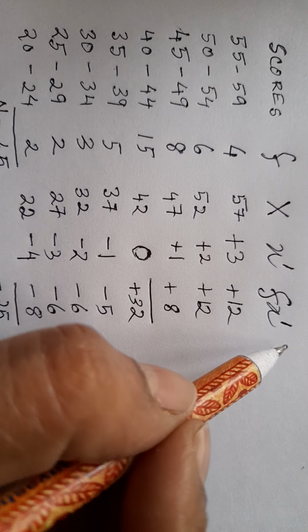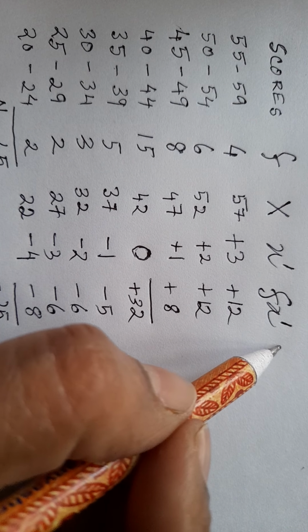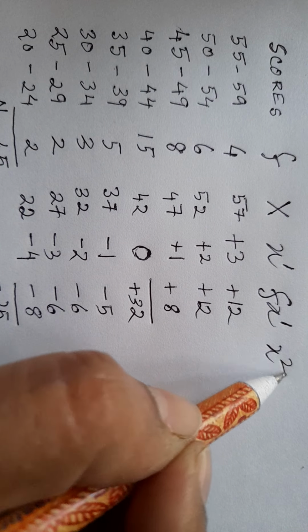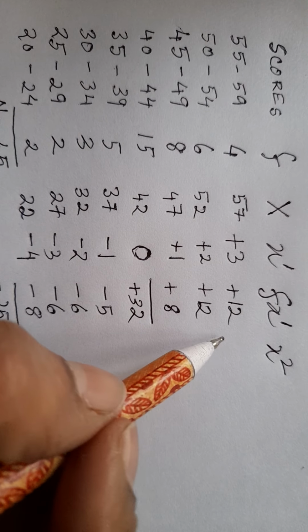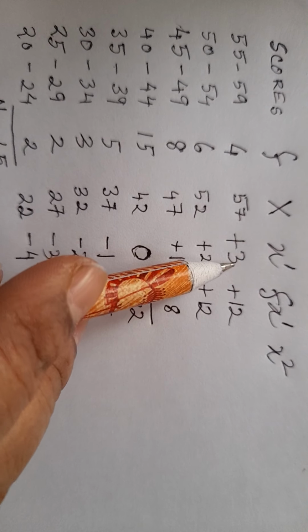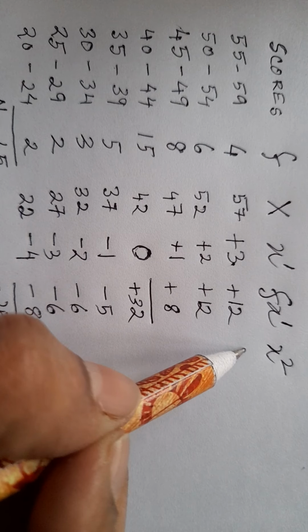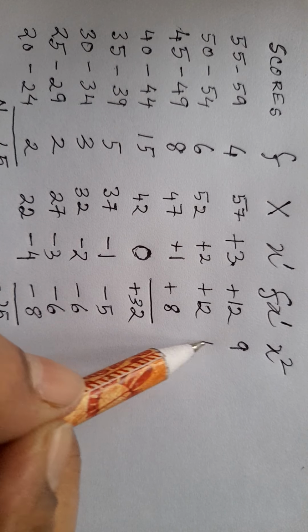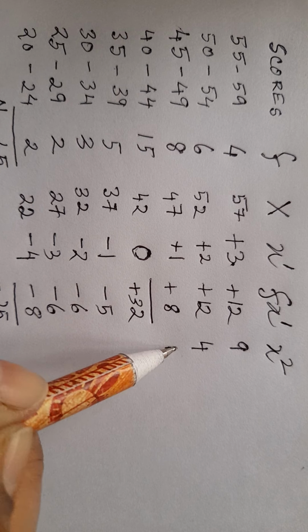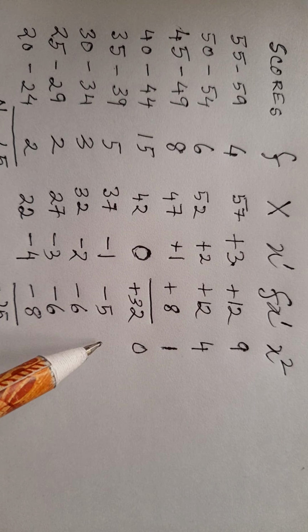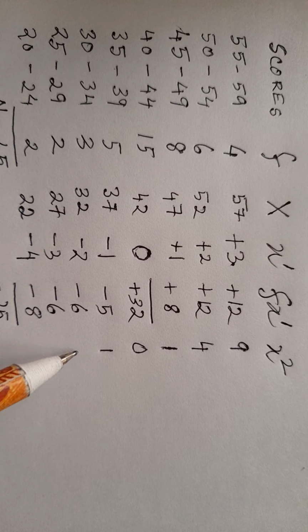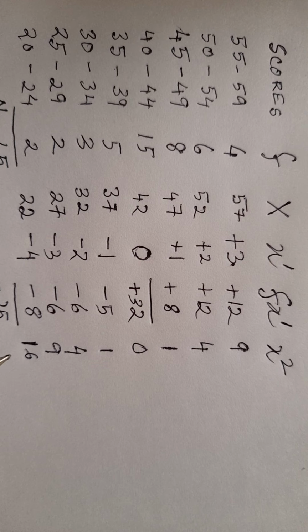Now these are an extra 2 columns which you have to do for standard deviation. That is, you double this by multiplying. 3 3s are 9, 2 2s are 4, and 1, then 0, then 1, 4, 9, 4 4s are 16.